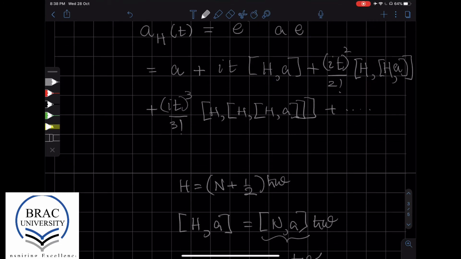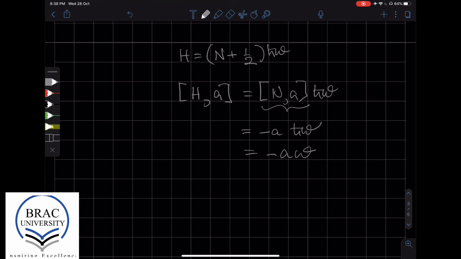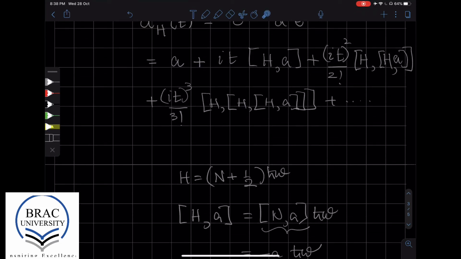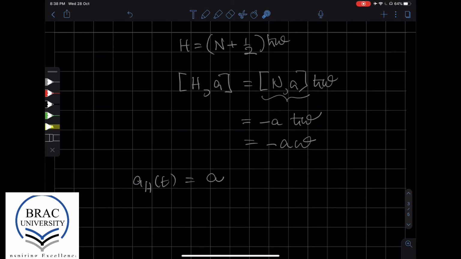So if I use this, then this power series can be very easily evaluated. So a_H(t), the first term will be a, and then for the second term, I will get a factor of minus 1 and a factor of a here. So I'll get, for the second term, plus minus i, the minus coming from the commutator, times t divided by factorial 1, times a.